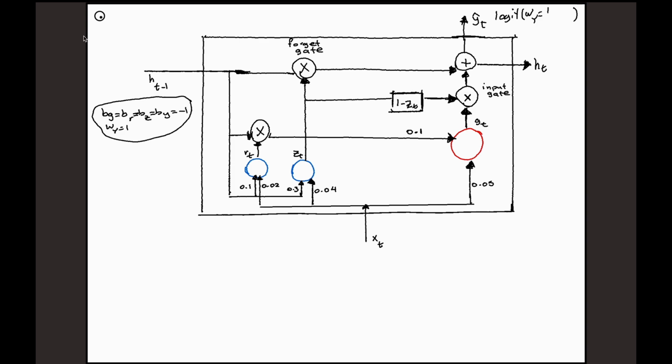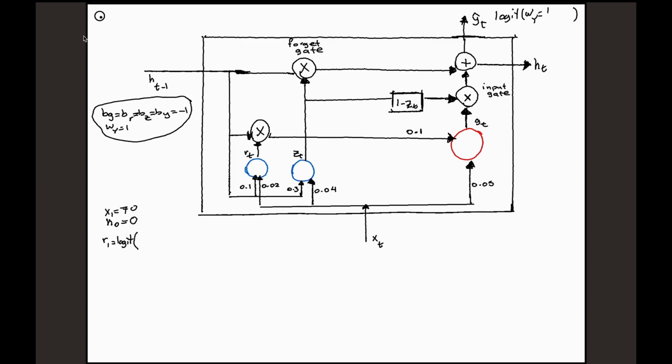At the very, very beginning, we do not have any H, because that's the first time that we have. So X1 is 70, and H0 is 0. So let's calculate what will come out of RT. R1 would simply be logit of, remember the blue colored nodes here are all sigmoid function, and this red one is hyperbolic tangent.